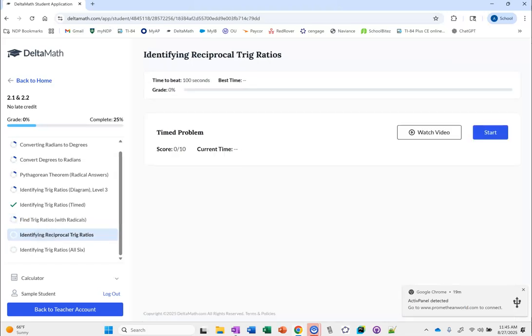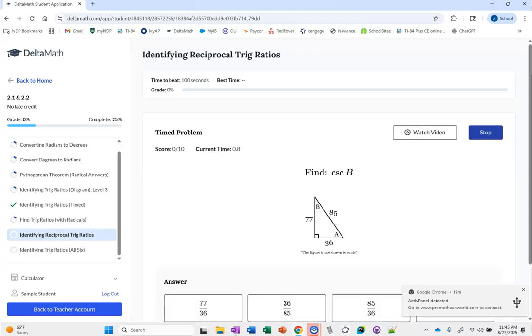Is this all of it? Identifying reciprocal trig ratios, timed. It's the same idea as the timed one, but now instead of sine, cosine, tangent, you're going to look at cosecant, secant, and cotangent.